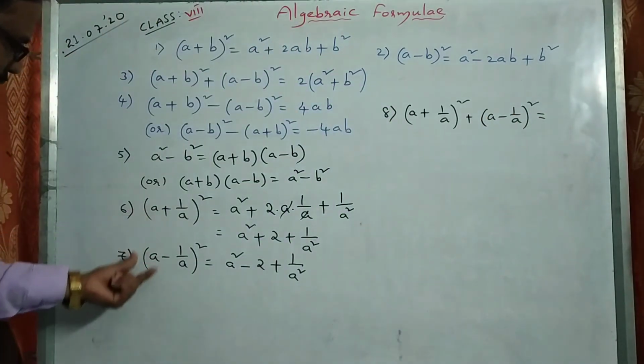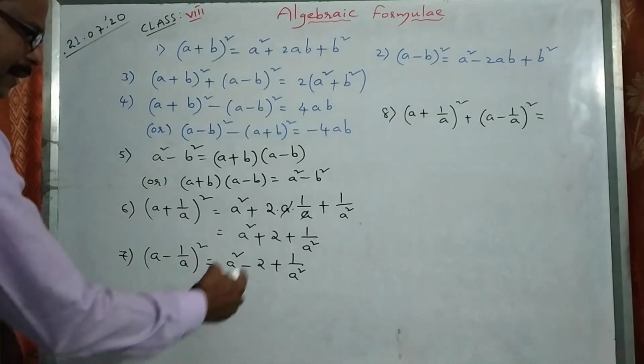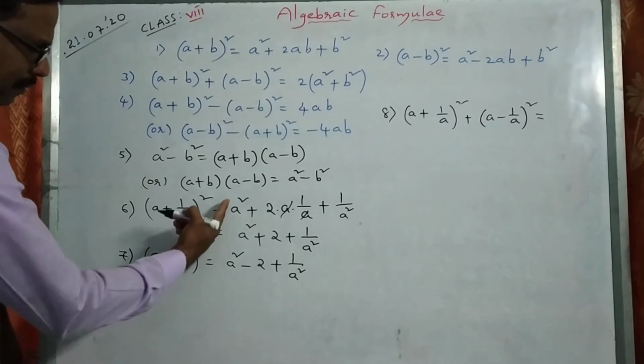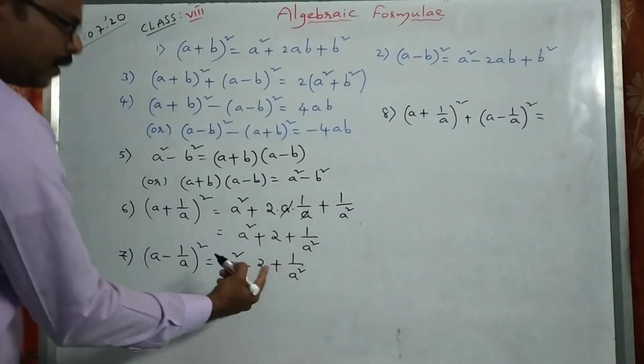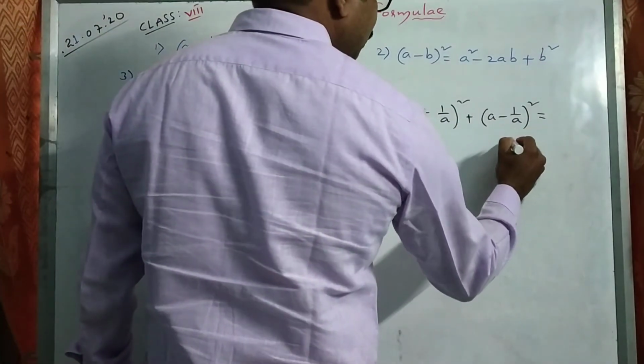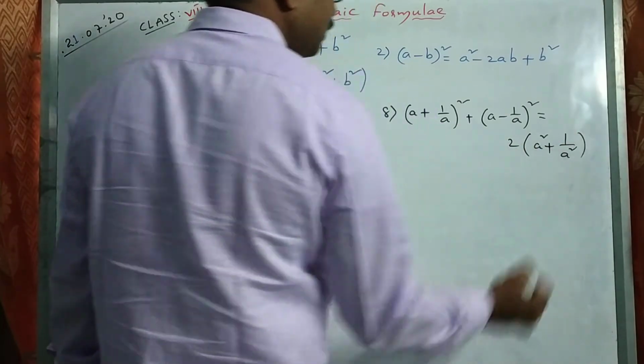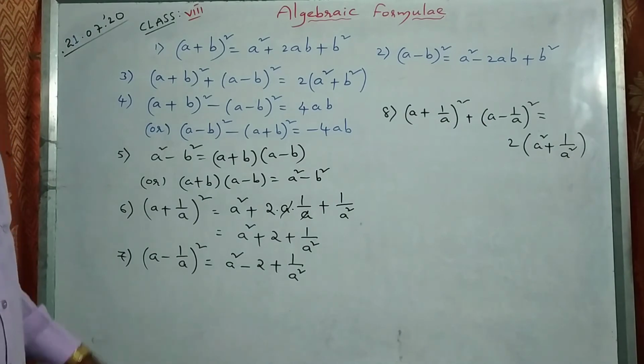I am adding these two values now. Then what happens, you know, 2 gets cancelled, plus 2 minus 2. Then you have 2a square plus 2 (1 by a) square. So I am taking 2 common, a square plus (1 by a) square. Will be useful in the problems, okay?